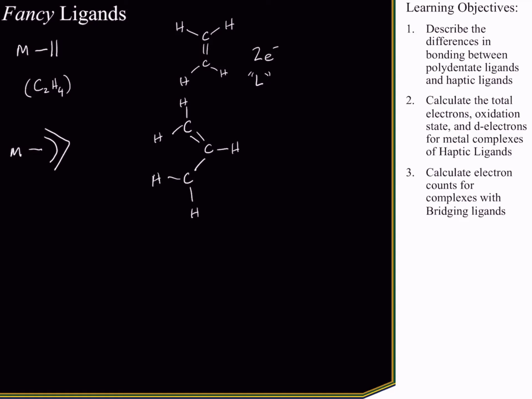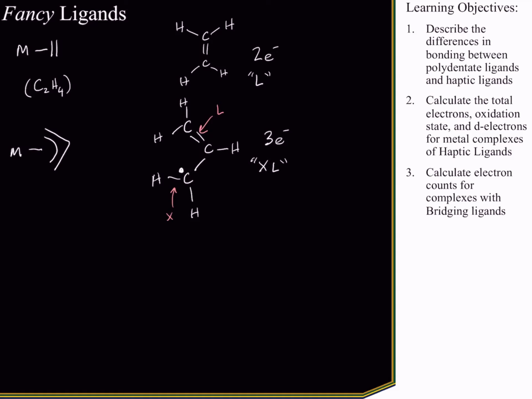And in order to make this neutral, one of our carbons would need a free electron. So this looks like a 3-electron donor. And in fact, it is a 3-electron donor. And if we're paying attention to our oxidation state, this acts like an XL type ligand. So the L type is our pi bond, and our X type is that free electron.